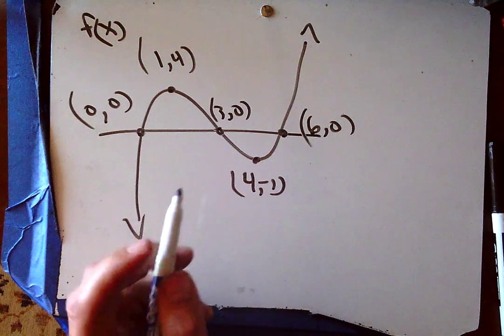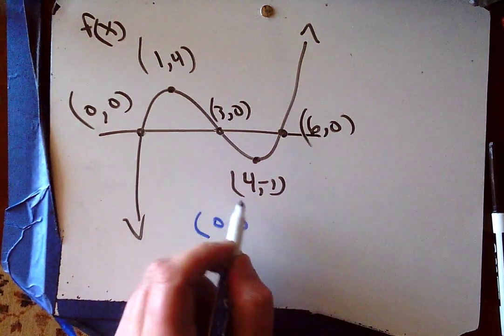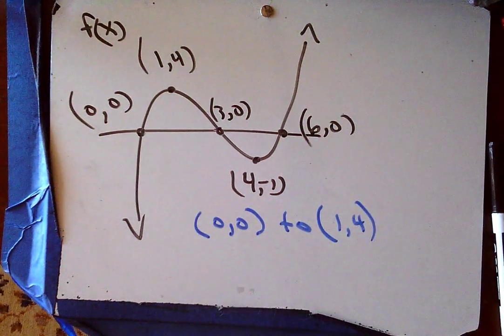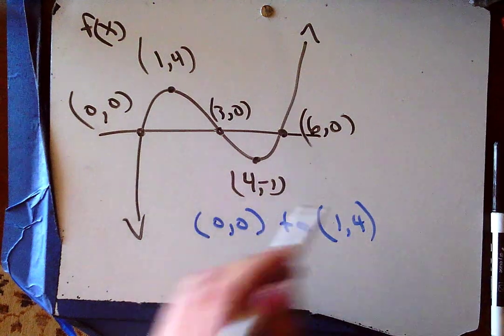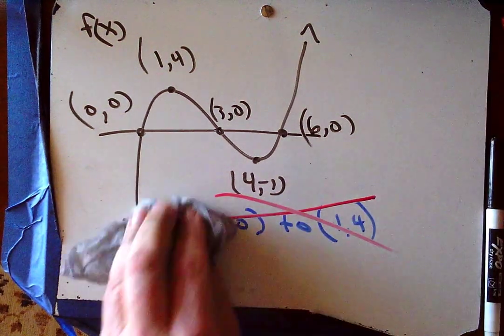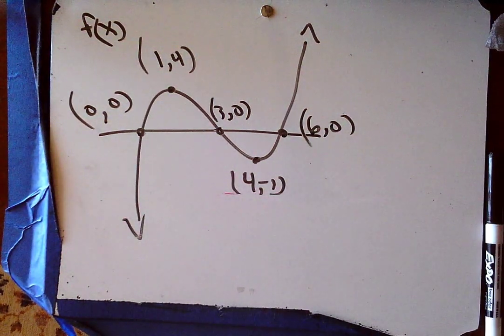Okay, so will I write 0, 0, 2, 1, 4? Not unless I want to get the problem wrong. Remember, when we talk about increasing and decreasing, it's always in terms of domain. It's always in terms of x values only.